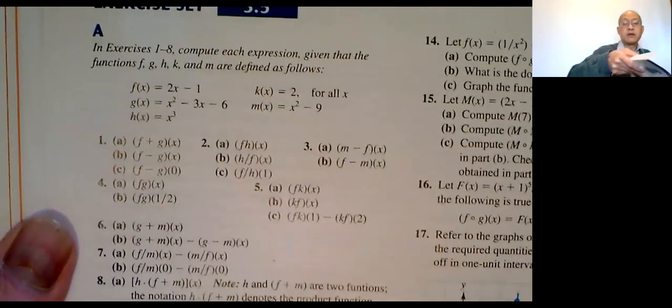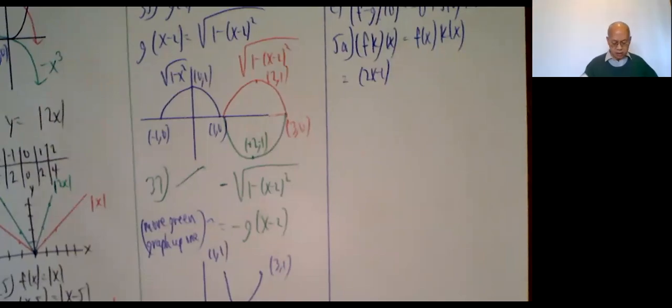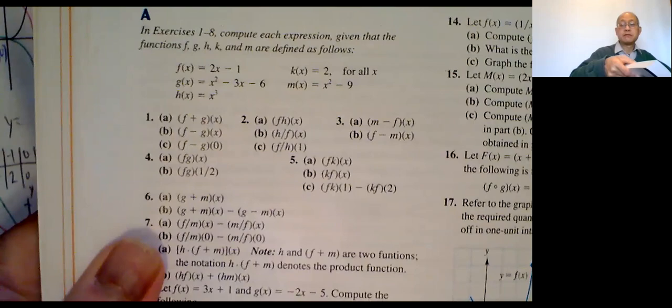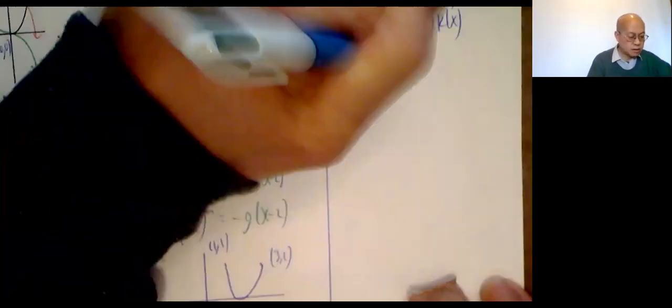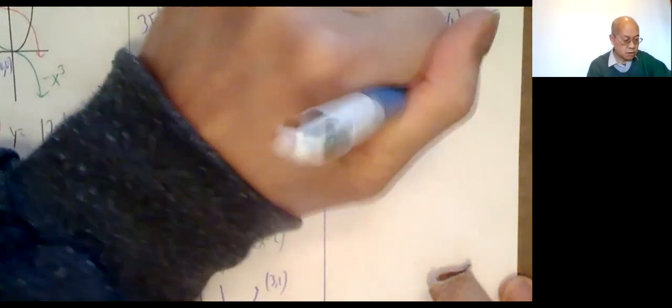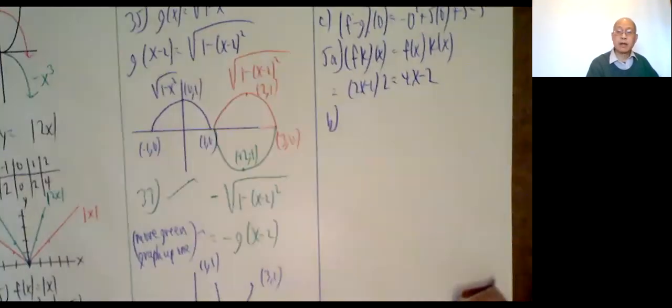In problem 5, f of x is 2x minus 1 up here by my thumb, times k of x. K of x is just 2. That's very easy. Multiply by 2, 4x minus 2. That was easy.